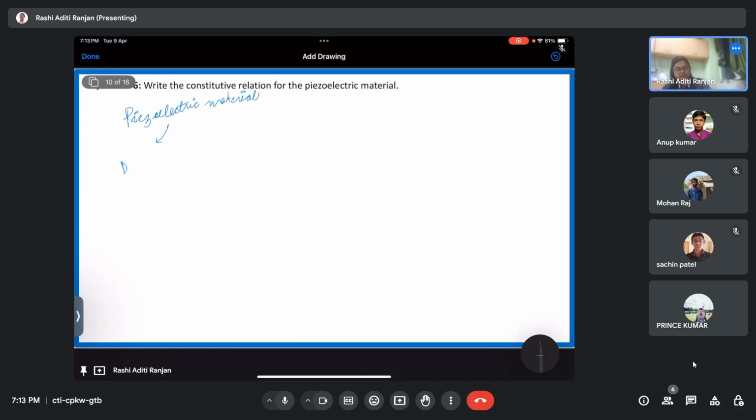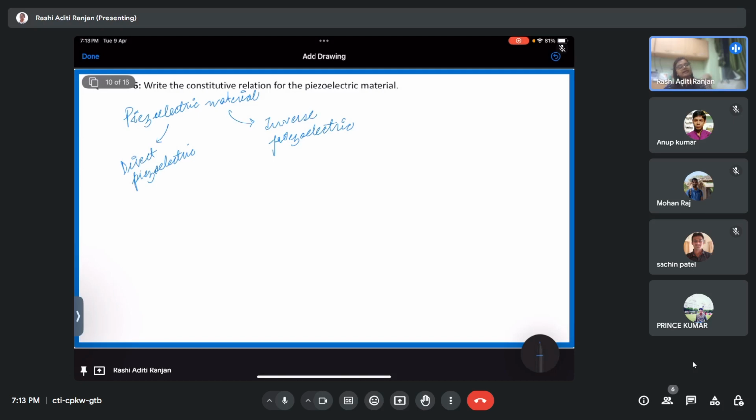One is direct piezoelectric and the second one is going to be inverse piezoelectric.